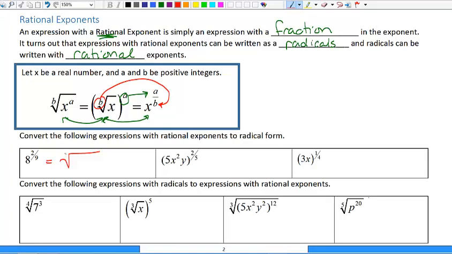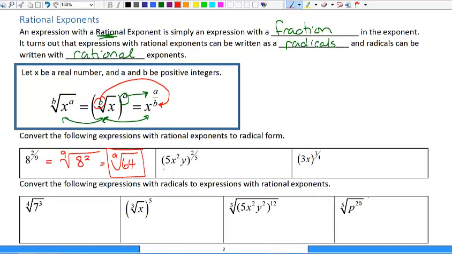The denominator 9 is going to go in the index. 8 will stay as the radicand, and then our little 2 can either go inside with the 8, or it could go out on the outside of the radical. For this purpose, we probably would like to keep it inside with the 8. So then I can reduce it slightly further because I know what 8 squared is. That is 64. This is my final answer.